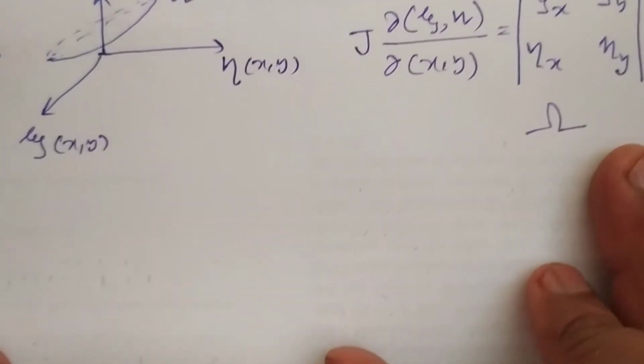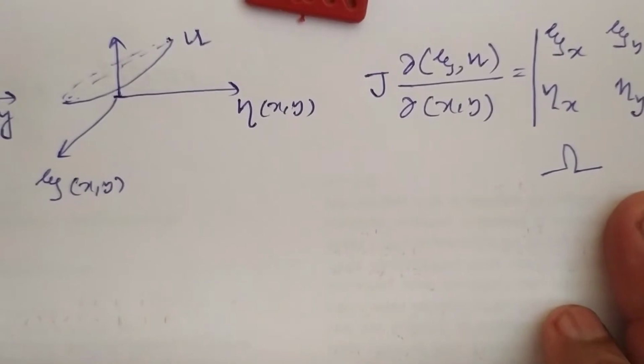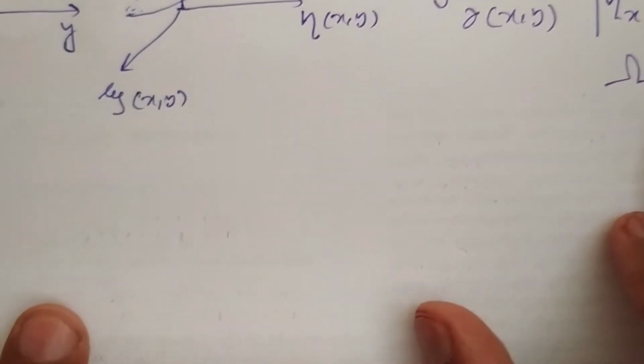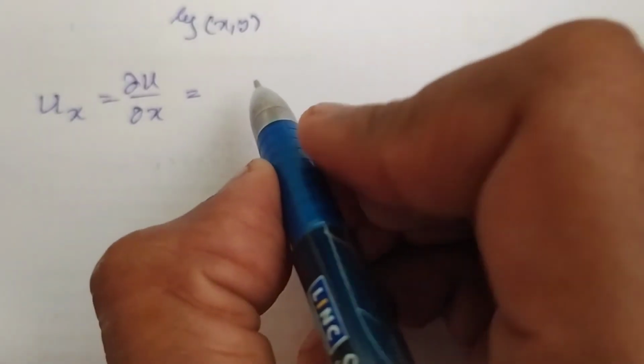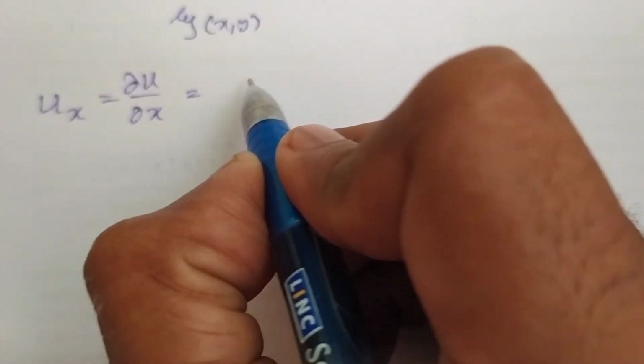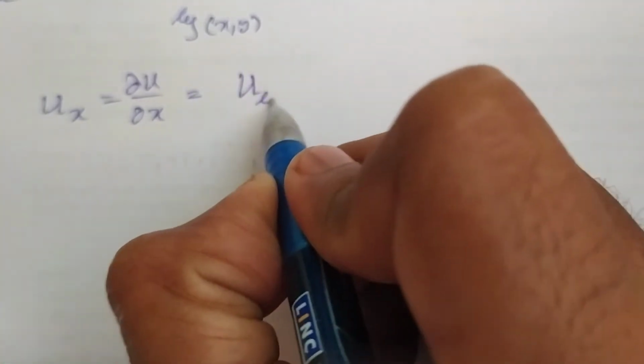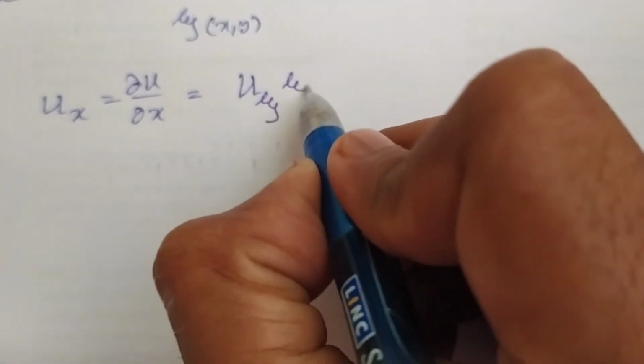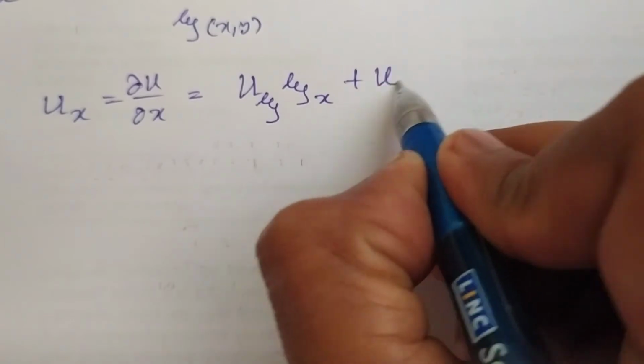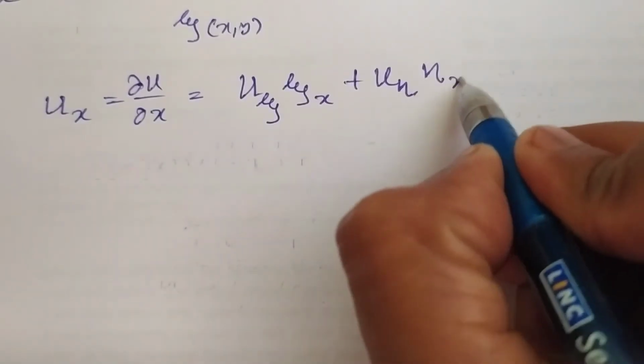Now, as we are changing from xy space to xi eta space, our differentiation signs will change. See, u_x, this is del u del x, we will convert the differentiation with respect to eta and xi, so this will be written as u_xi xi_x plus u_eta eta_x.